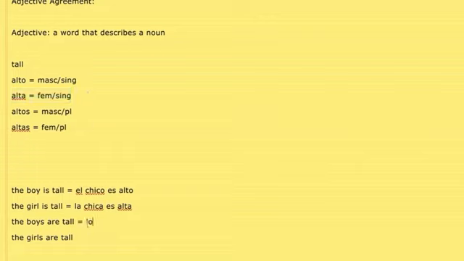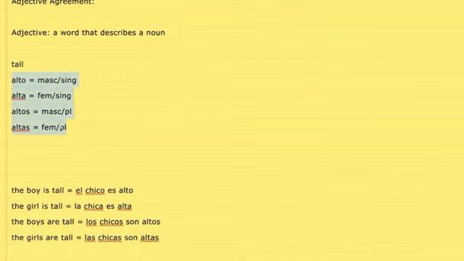Now next, we would say los chicos son, and then altos, because chicos is being described here, so we have to use the masculine plural version. And finally, las chicas son altas. And so you can see that they work a bit differently in Spanish than they do in English. We only have one form, but in Spanish it always has to match up with what exactly is being talked about.